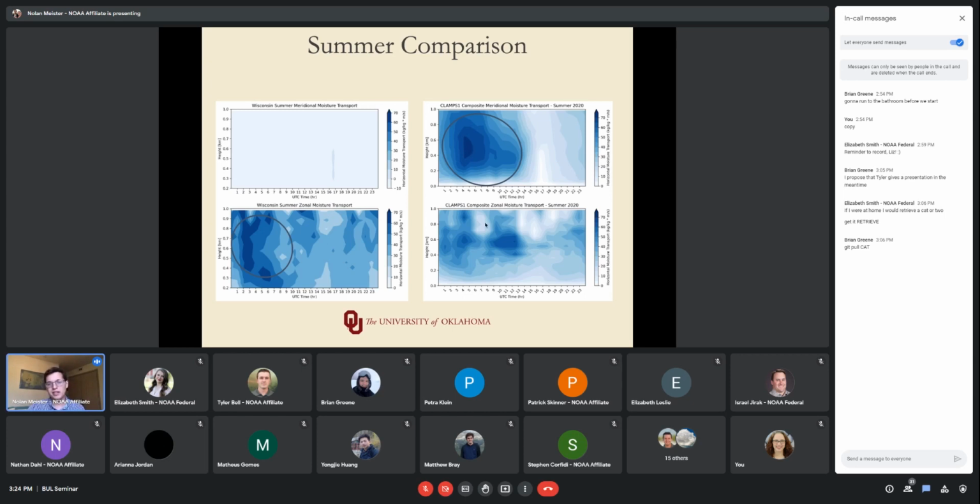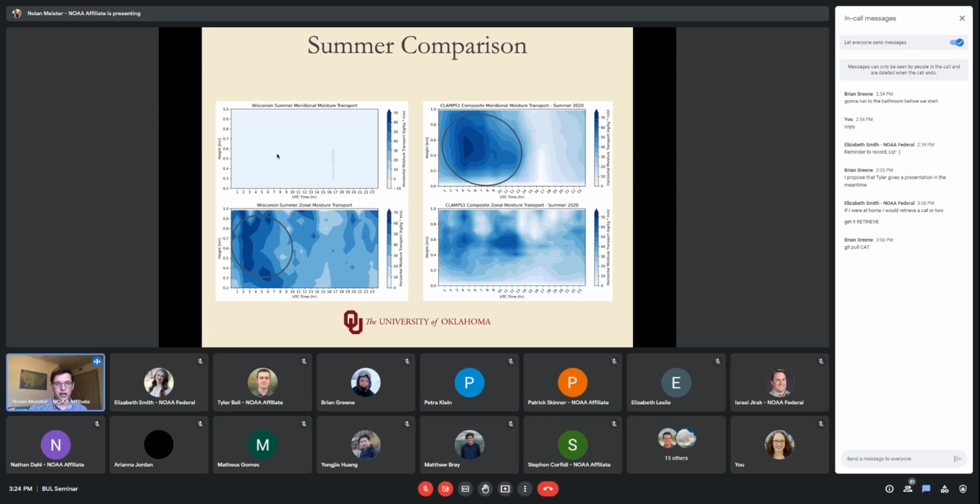And then there's maybe evidence that the low-level jet zonal branch peaks closer to daybreak, but it's a little bit fuzzier and harder to tell. But we have this really well-defined meridional low-level jet and a possible zonal branch peaking later in the evening in Oklahoma.